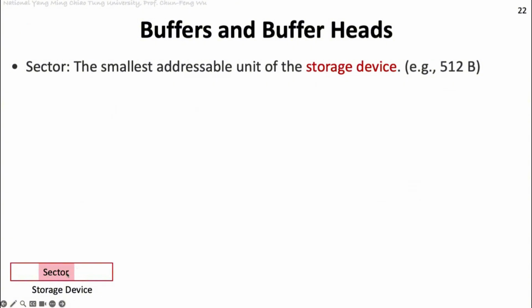The reason to use sectors is that at the very beginning, several decades ago, there was only the hard disk drive, where each track has several sectors. SSD came later, but the operating system was already using sectors. So from the operating system perspective, the sector is the smallest addressable unit.